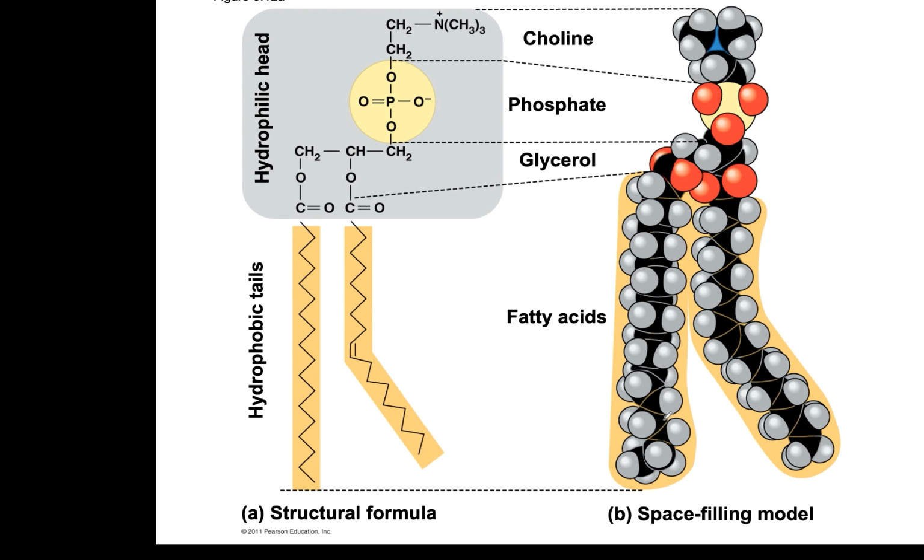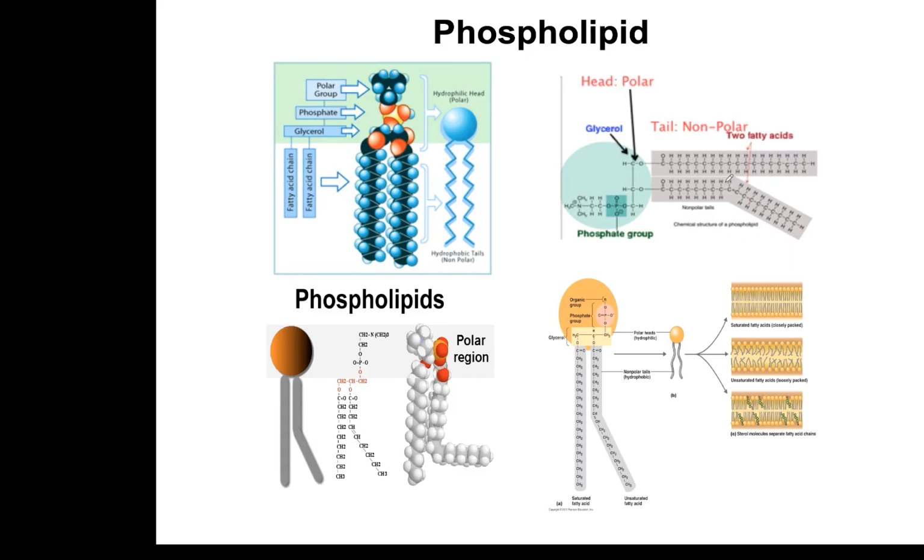Here the 2 tails indicate fatty acids, and the above part, the head region, is glycerol, and the phosphate portion shows hydrophilic property. So we can simply draw phospholipid this way, head and tail.